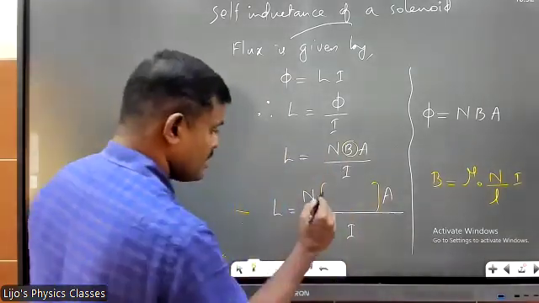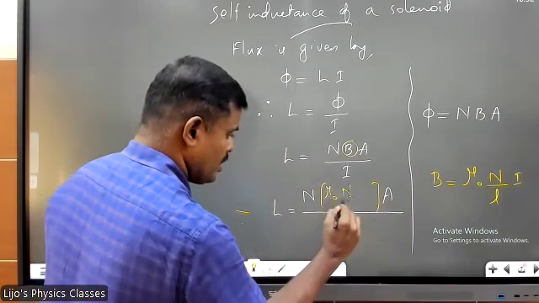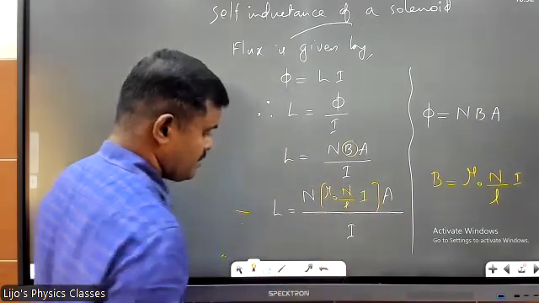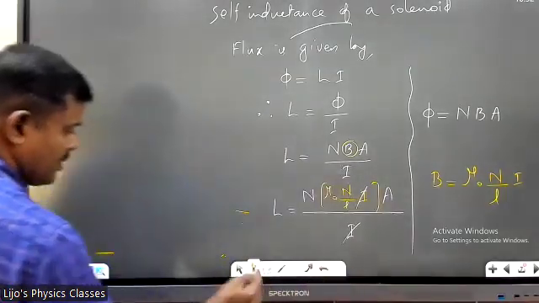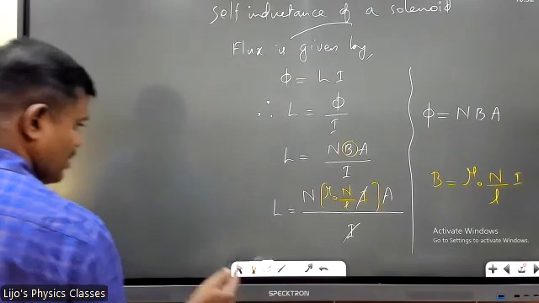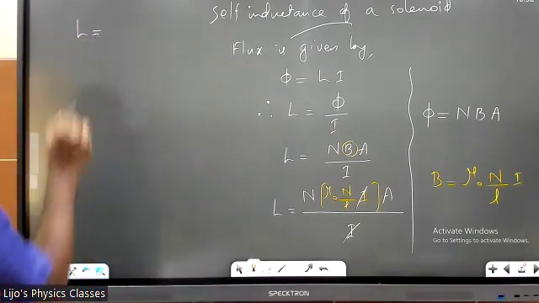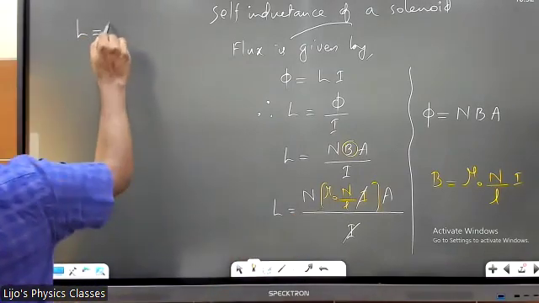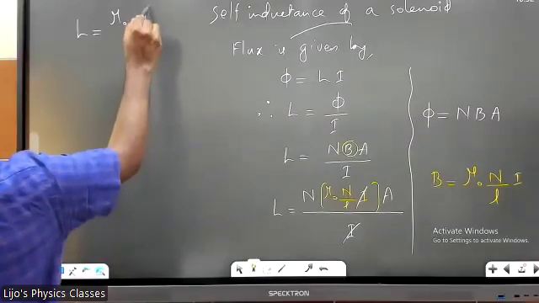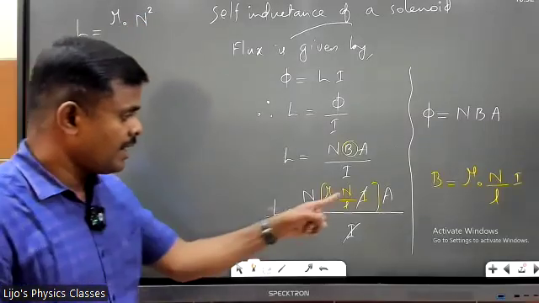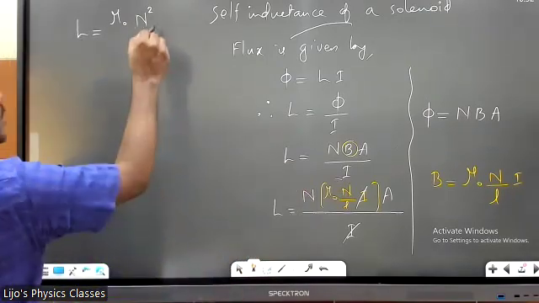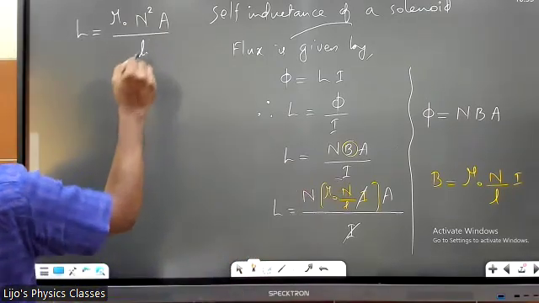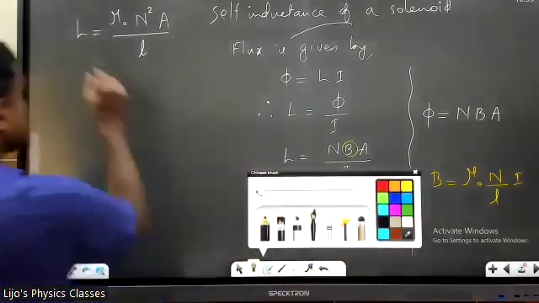What is B? Mu 0 N by L I. I and I are cut. Finally, you are getting L is equal to mu 0 N square. Why N square? N and N together, N square, right? Into the area by L. Put this in a box.